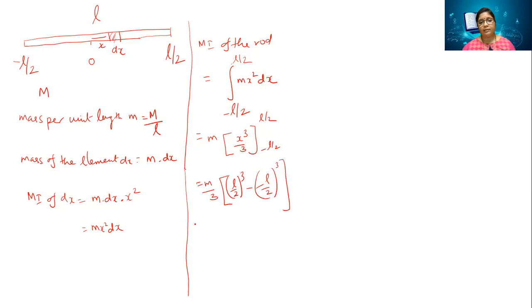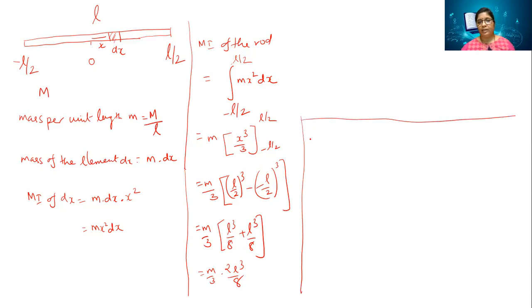So what will I get here? I will get m by 3 into L cube by 8 plus L cube by 8. Again, m by 3 into 2 L cube by 8. Let me complete it on this page itself.